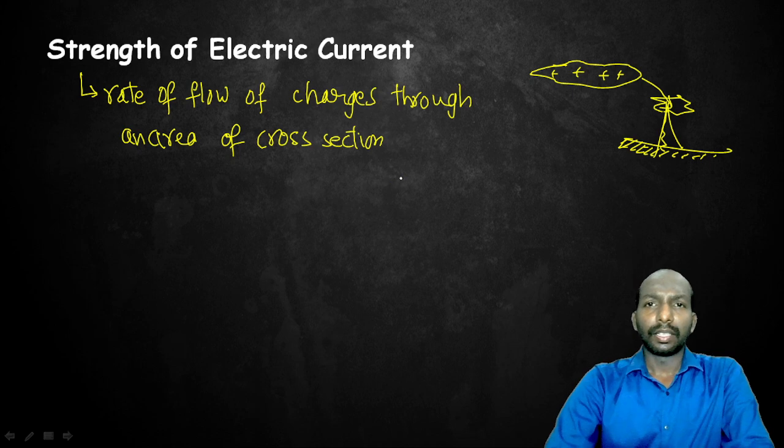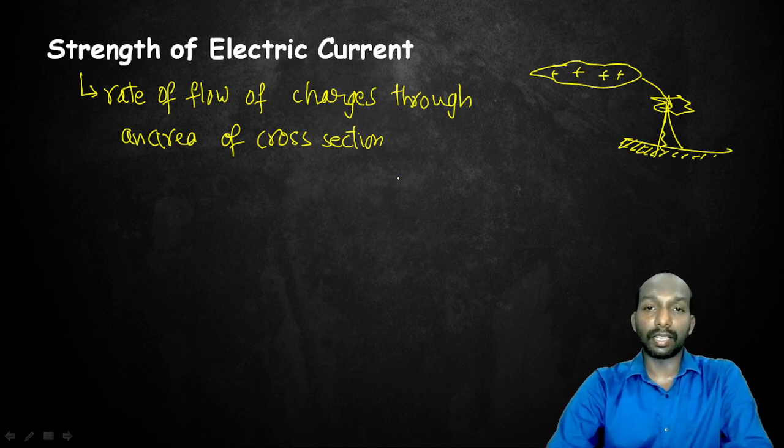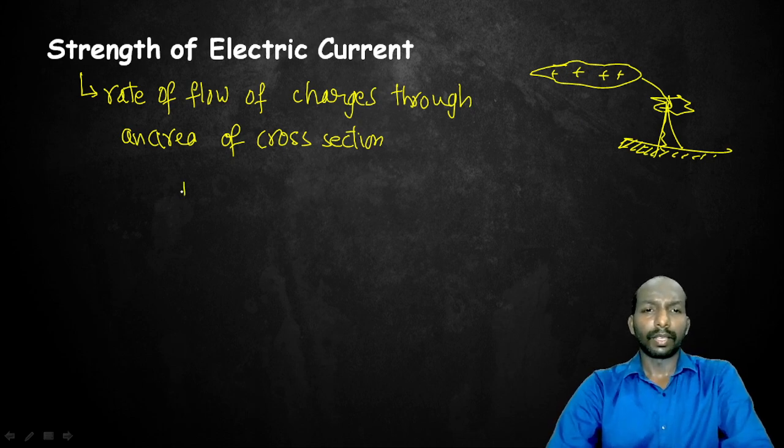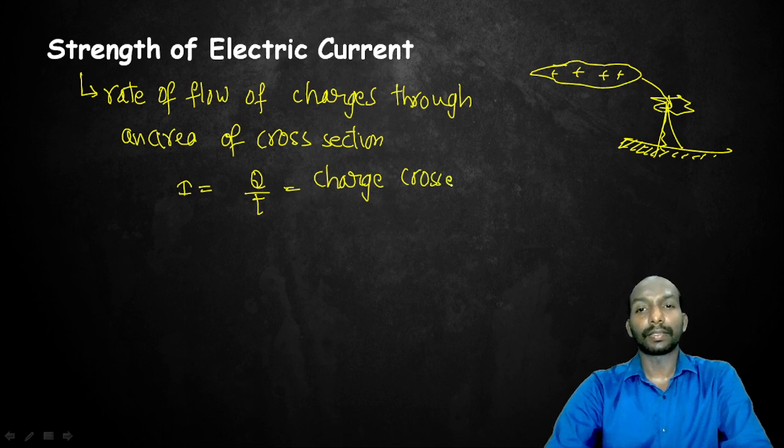That means how fast the charge is discharging or moving through an area of cross section. The current formula is I equals q by t, where q is the amount of charge crossed and t is the time taken.